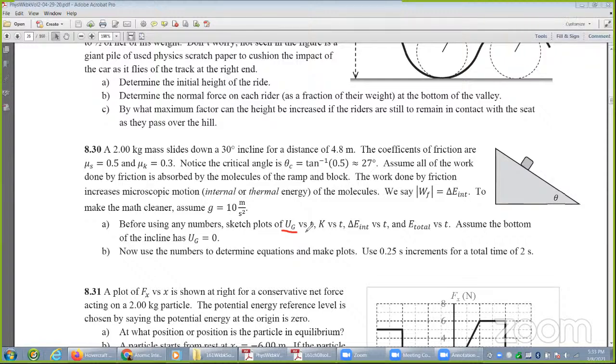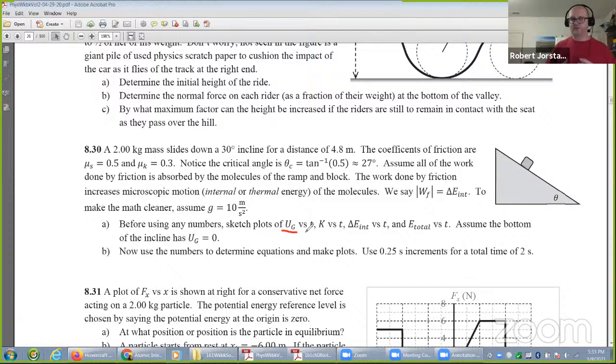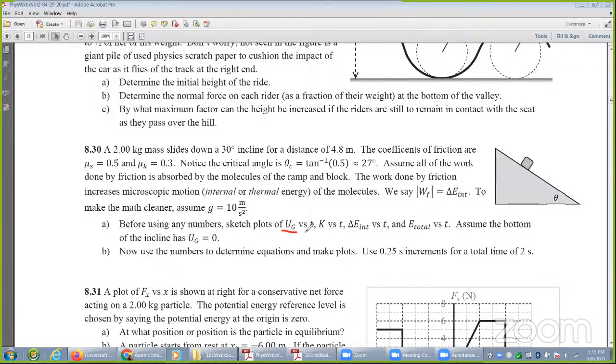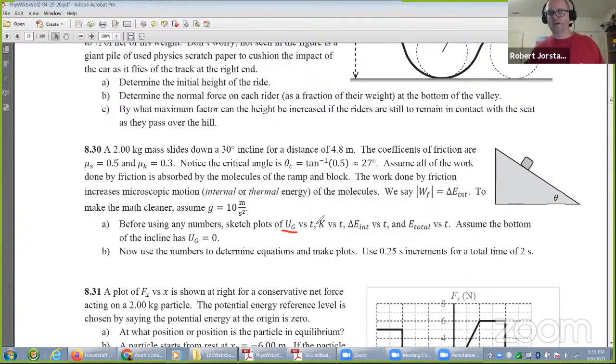And what makes you think that the potential energy due to gravity will be a constant? The ramp is linear. Okay. So let me ask you this. What's the equation for gravitational potential energy? You're right that the graph is linear. But what's the equation for potential energy due to gravity?